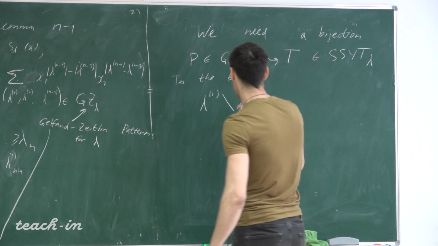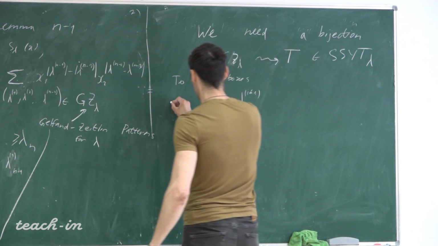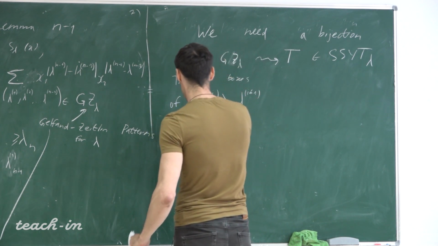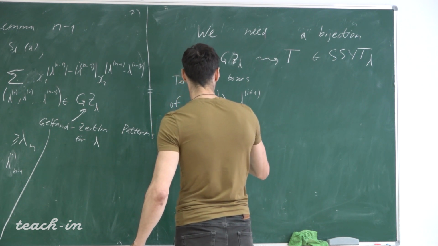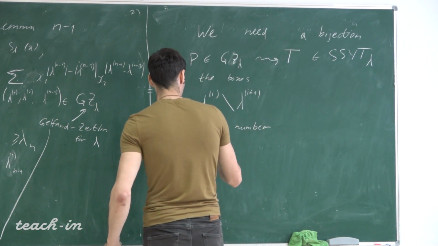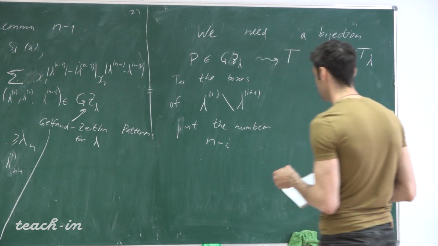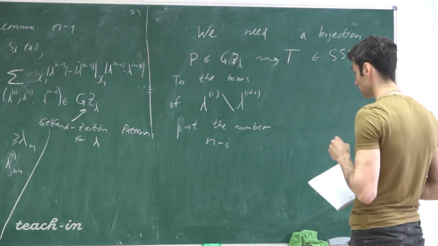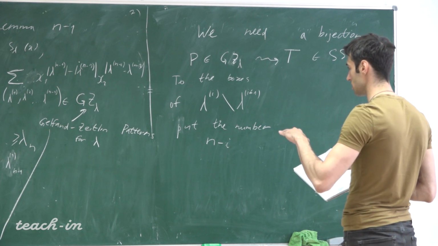So to the boxes of this, put the number n minus i, for i starting from 0.